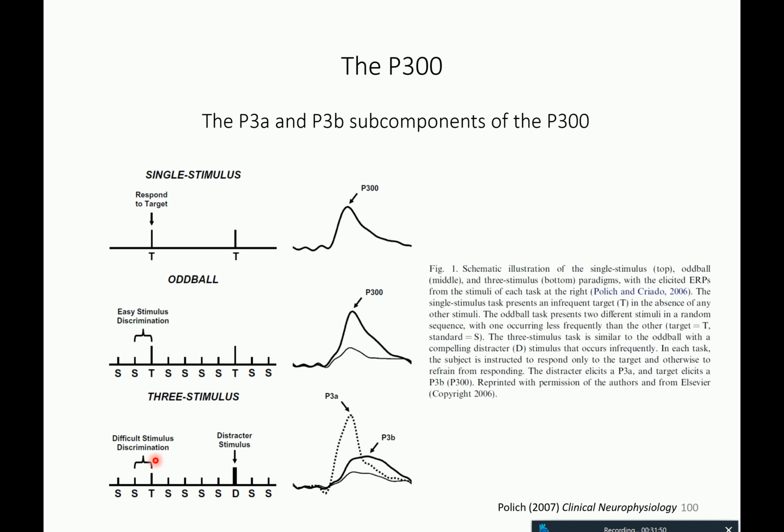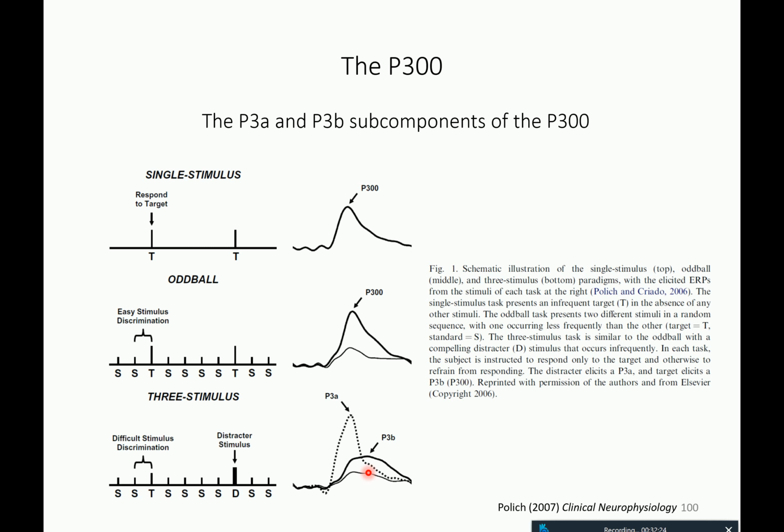And here, this shows the response to doing this stimulus discrimination and responding to the target, which primarily elicits this P3B response, while a distractor stimulus that is not responded to but is quite different from the standards elicits this earlier P3A peak.